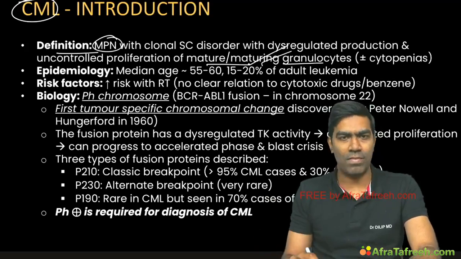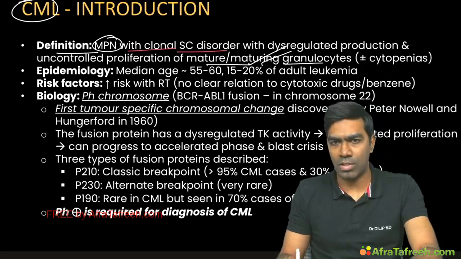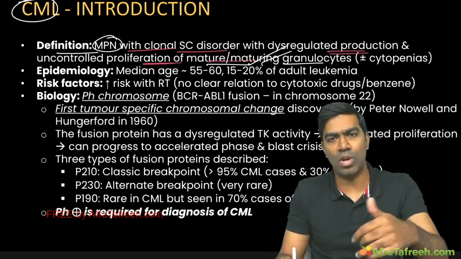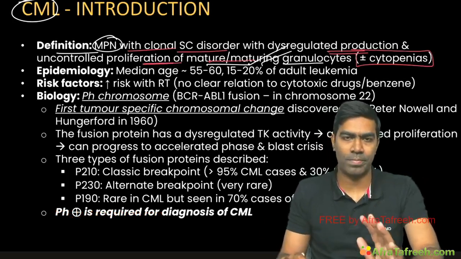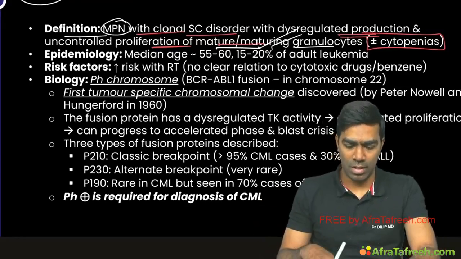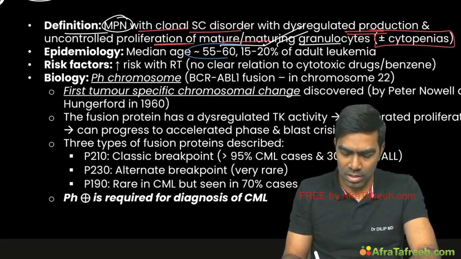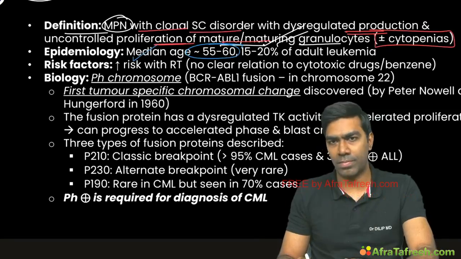So what is the exact definition? It's a myeloproliferative neoplasm with a clonal stem cell disorder with dysregulated production and uncontrolled proliferation of mature or maturing granulocytes. Plus or minus, patients can have cytopenias also. So basically, it's a problem of the granulocyte lineage. That's all. So what is the epidemiology of CML? The median age at the time of diagnosis of most cases of CML is going to be 55 to 60 years.